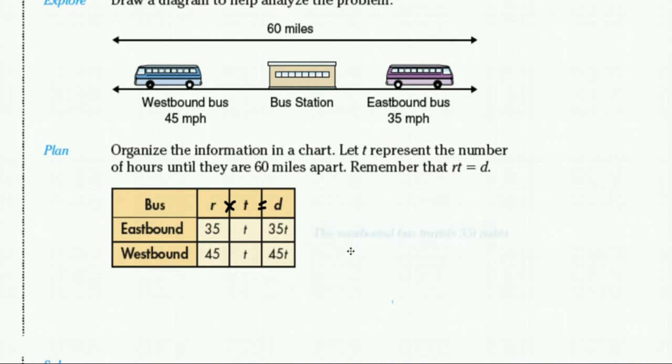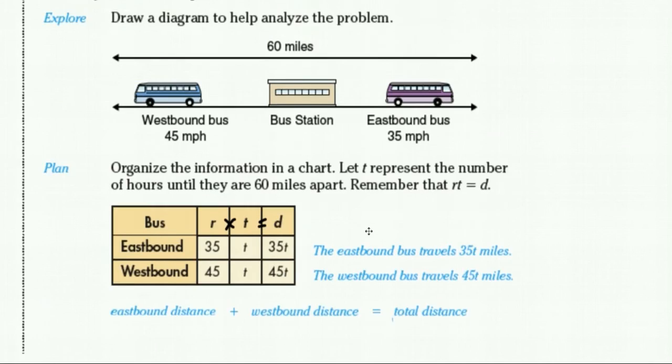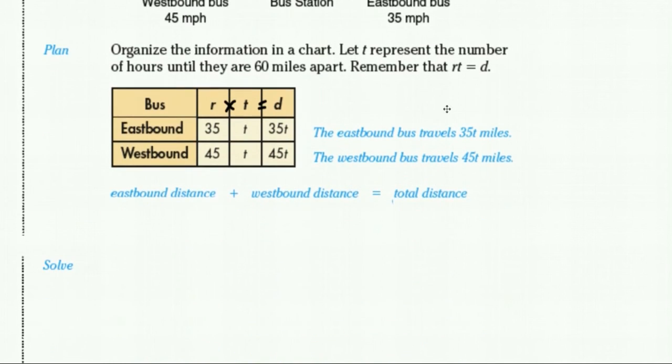The eastbound bus travels 35t miles and the westbound bus travels 45t miles. The equation we want to use is that the eastbound distance plus the westbound distance will be equal to the total distance, 60 miles.